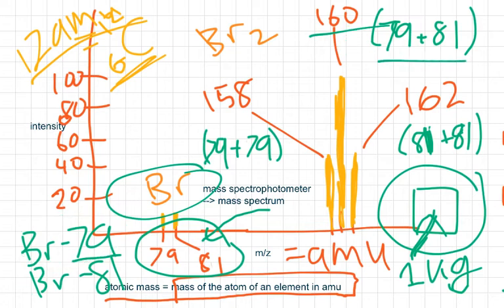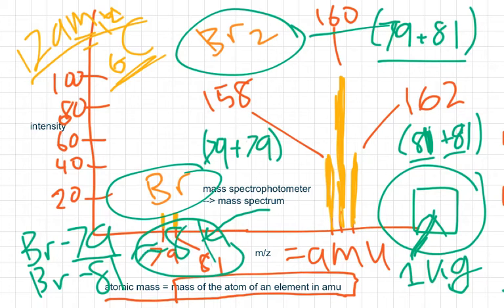And last but not least, the 162 peak comes from measuring the mass of a bromine molecule that consists of 2 bromine 81s. Bromine 81 has an atomic mass of approximately 81, not exactly, but very close. And 81 plus 81 is 162. So that's where our peaks came from.